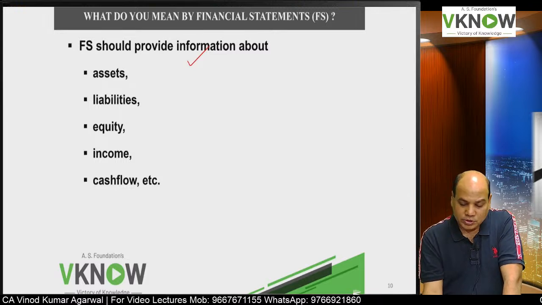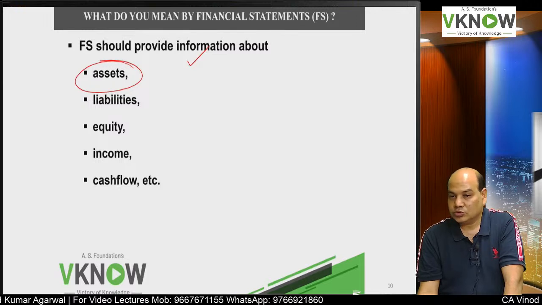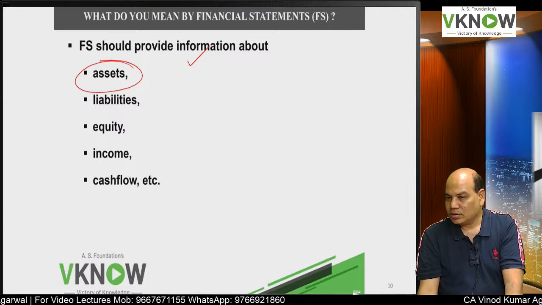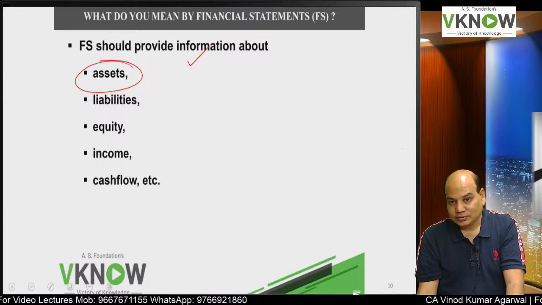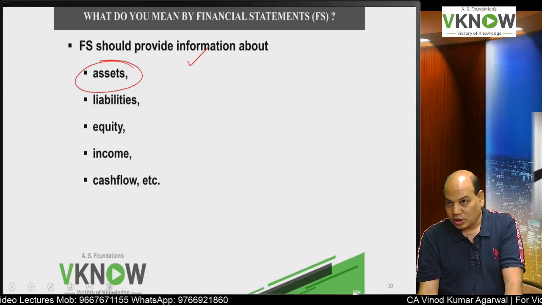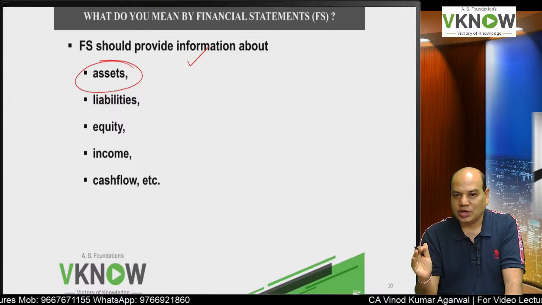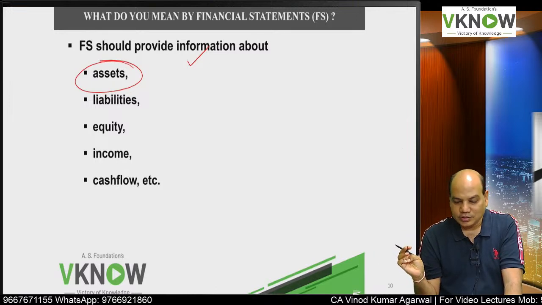Financial statement helps us to understand what are the assets of the company. So there is an asset side which will give you all the assets held by the company on the reporting date. Is it right? So you can analyze how much is property, plant, equipment, how much is financial asset, how much is inventory, how much is cash they are carrying.